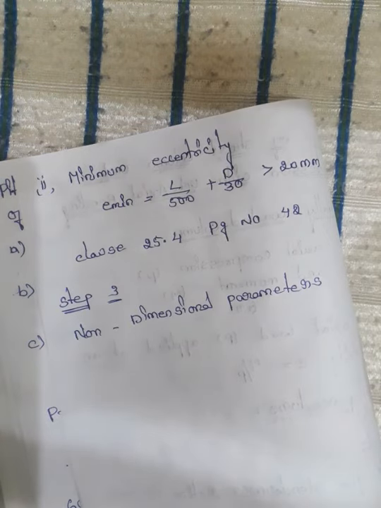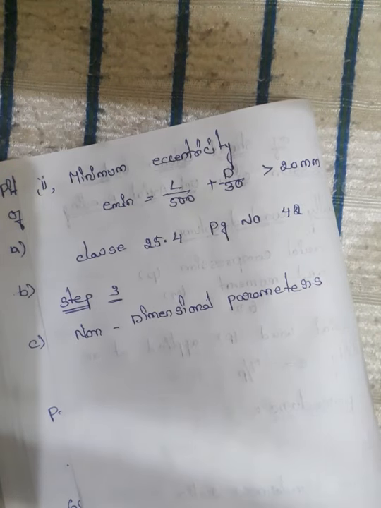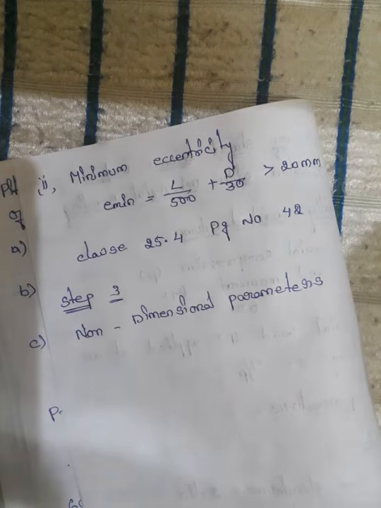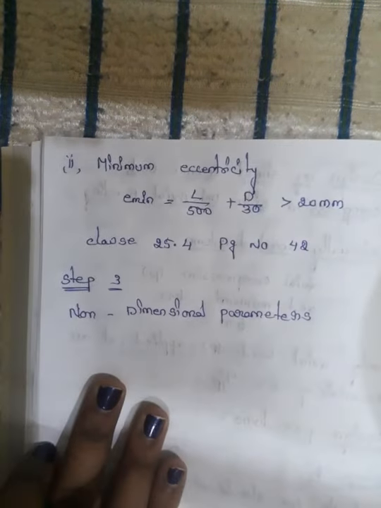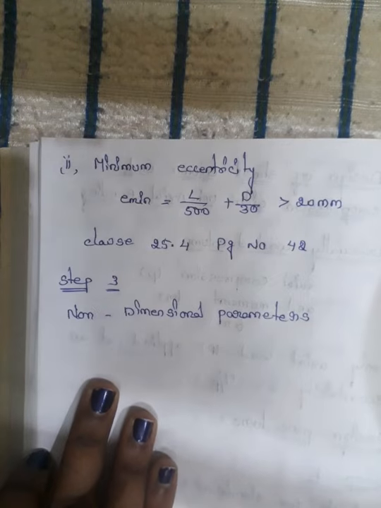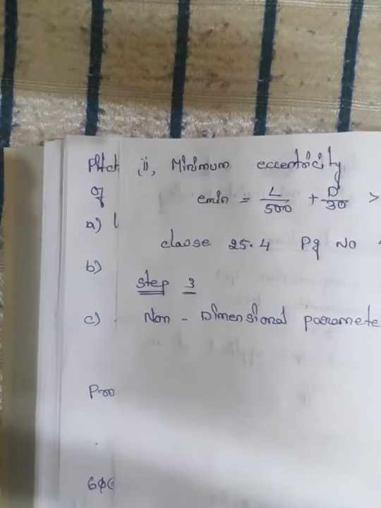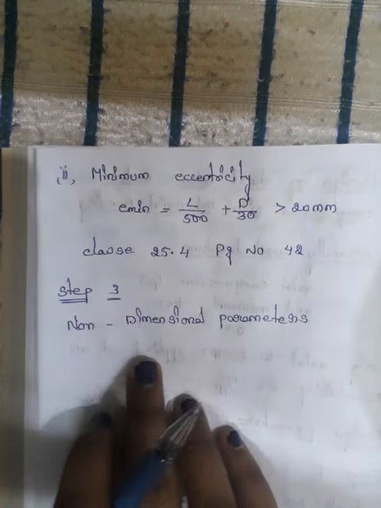Actually, the design of members subjected to combined axial load and uniaxial bending will involve a lengthy calculation by trial and error method. But in order to overcome these difficulties, interaction diagrams may be used.